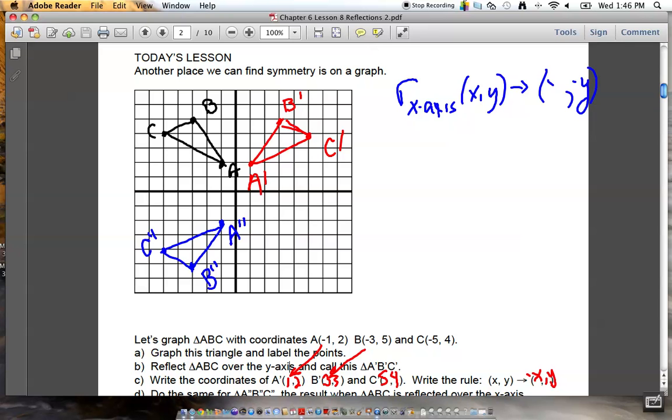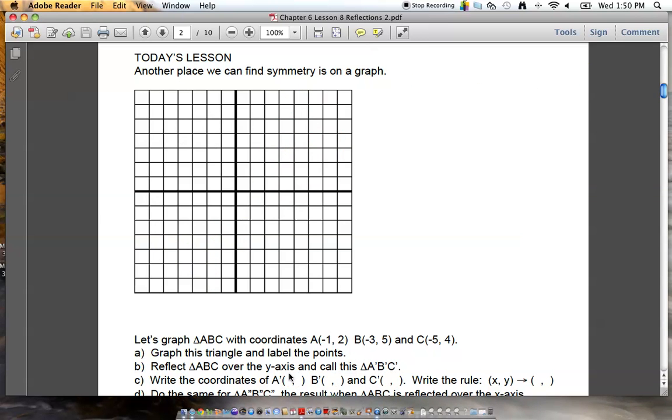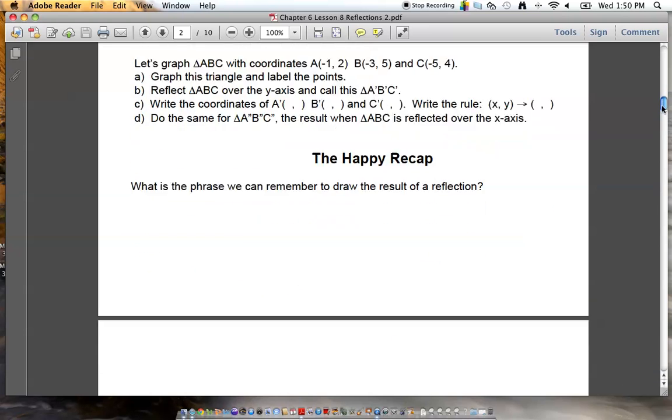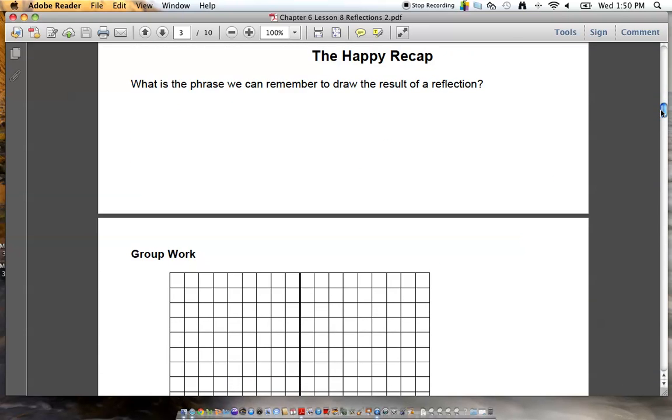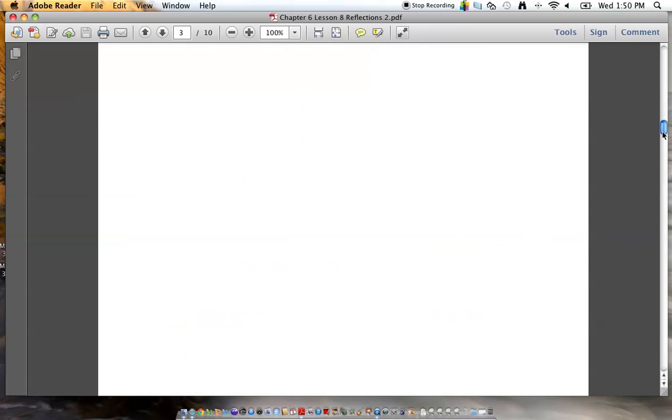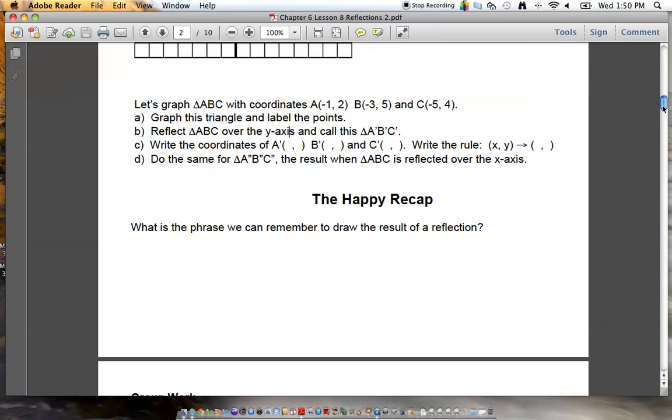So the y is getting negated, and the x ends up staying the same. Questions? Preguntas? Okay. What's the phrase you have to remember whenever you do a reflection? Count and repeat.